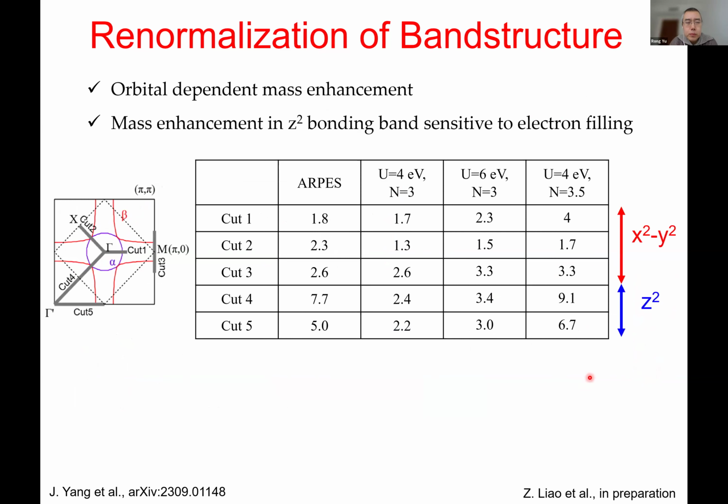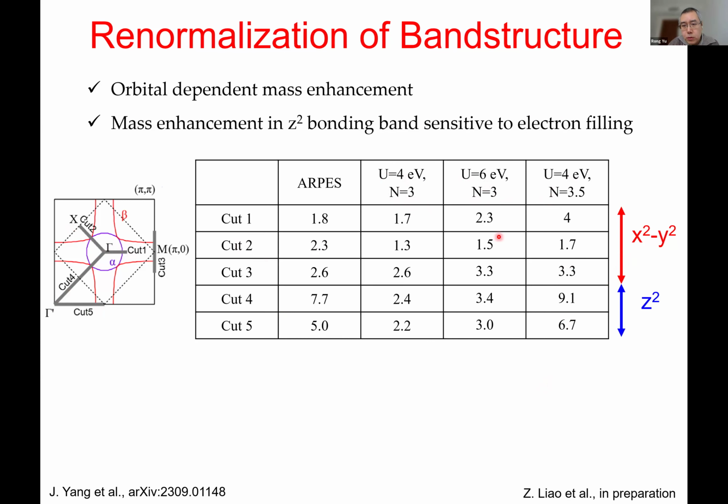So we did the calculation on this band structure, following exactly the cuts in the experiment, and also calculated these mass enhancement factors at several different U values and several different electron filling numbers. We find that by either increasing the U value or increasing the electron filling number, the mass enhancement factor becomes strongly orbital dependent.